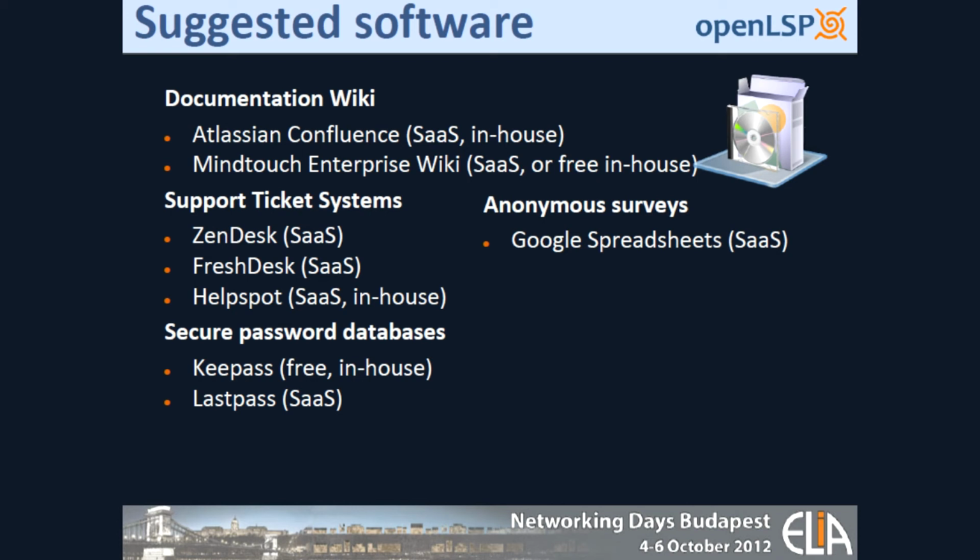So it's kind of ridiculous, especially if you're not using it much. But does anyone here have an IT team larger than 3 people? Right, so you'll probably not be affected. Freshdesk and HelpSpot are also other options. Freshdesk is cheaper for larger teams, and HelpSpot you can do in-house if you like to.